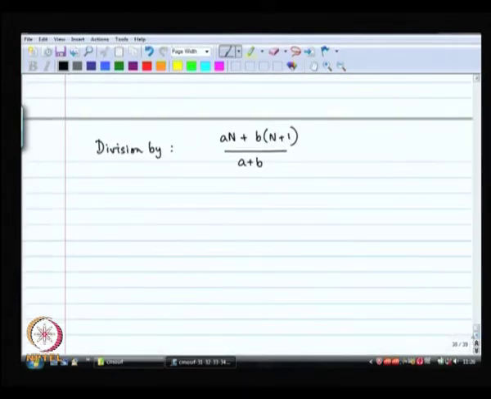Now, what does this mean? Is this number going to be more than n? Has to be more than n, right? This is definitely more than n.